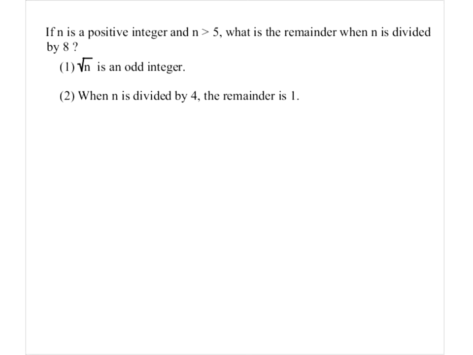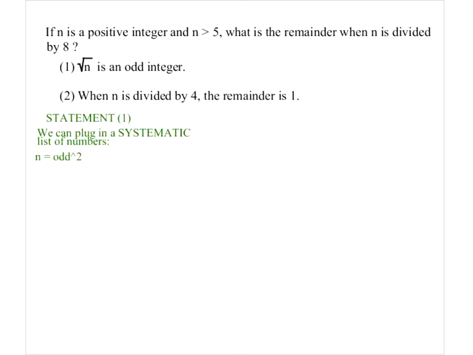So let's go through this. Let's do statement 1 first. In this case, this is systematic. We can plug in a systematic list of numbers. Because what does this mean? If square root of n is an odd integer, this means that n is an odd integer squared.